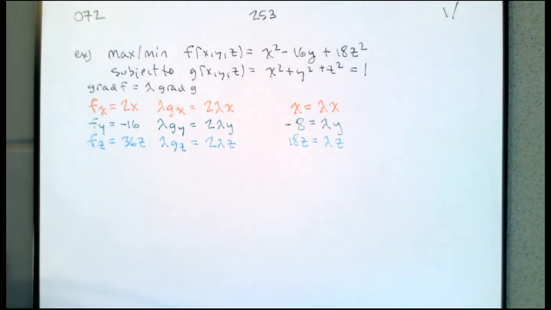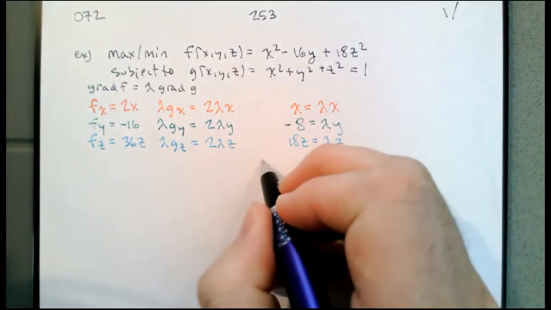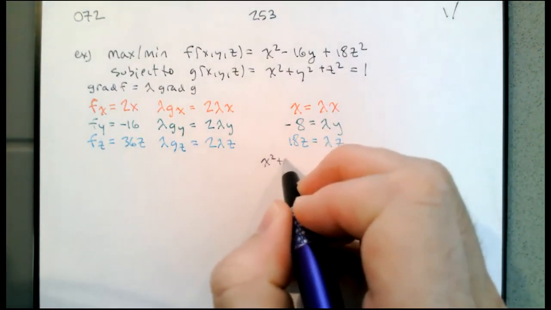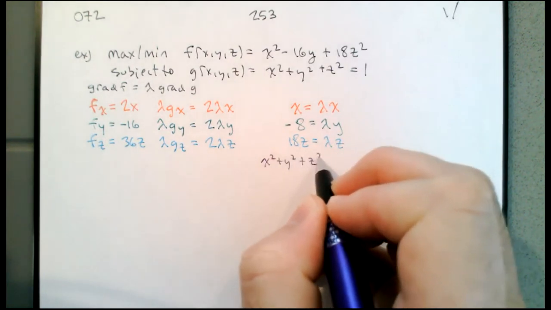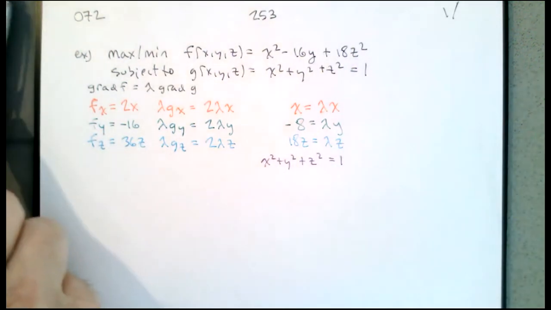So this vector equation gives us 3 equations in x, y, and z, and lambda. And our 4th equation is just from the constraint. I also need x squared plus y squared plus z squared is equal to 1.